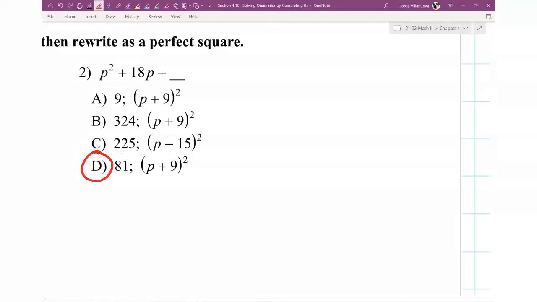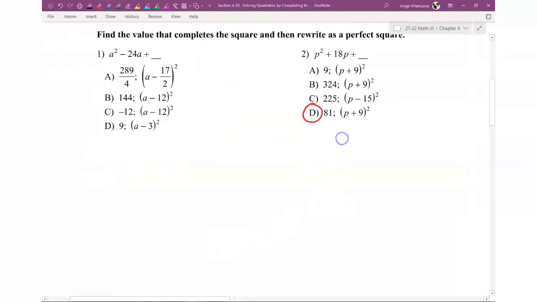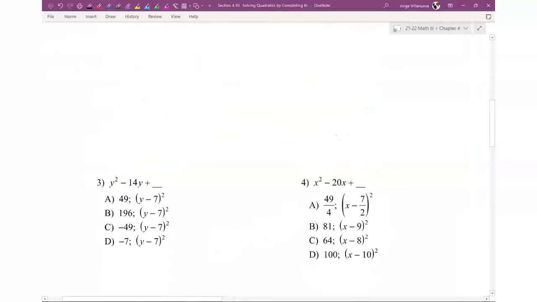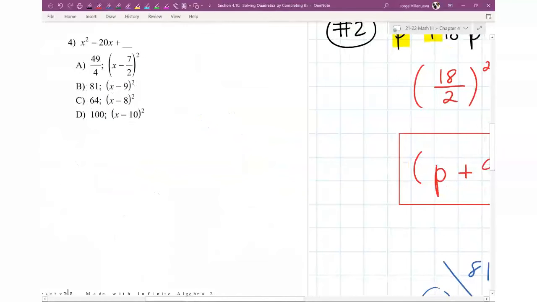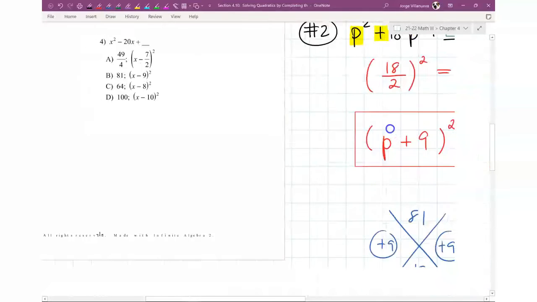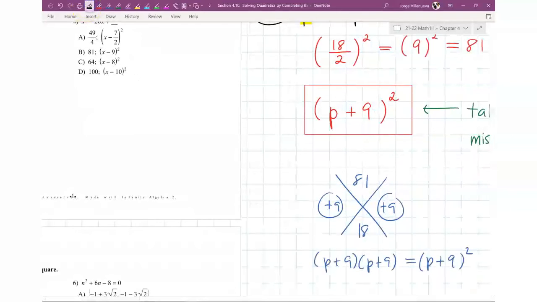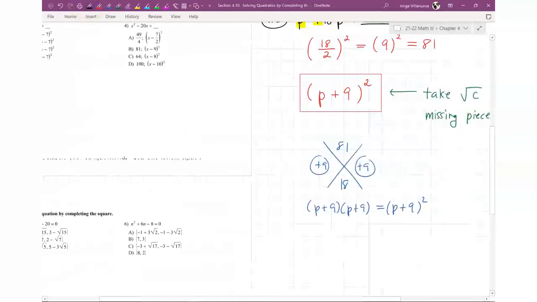Okay? So let's do question 4. Let me see if any of these are a little harder than others, but I don't think they're really that big a deal. So let's do question 4, okay? X squared minus 20x plus something. All right, so question number 4. No, minus 20x.